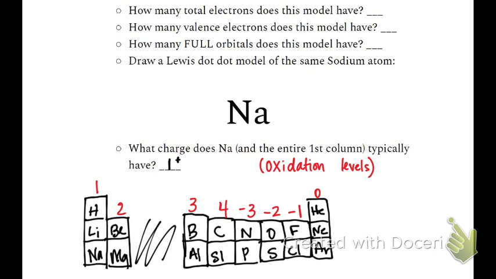So what kind of question will it ask us? It'll ask you, like, what charge would this have? And you would say 1 positive, or if they're asking for oxygen, 2 negative. But write those numbers at the top of your periodic table so that you have them. Questions about oxidation?